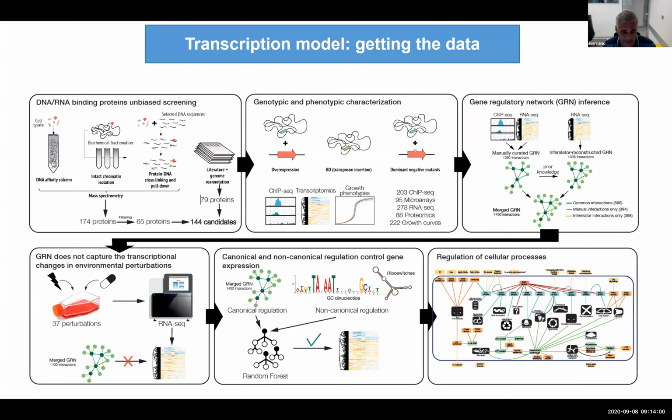One is the regulation of transcription. So here what we have done is we took a completely unbiased approach. We went back to classical biochemistry and we just made DNA and RNA affinity columns. We passed protein extracts and then we eluted them with DNA, with RNA, with salt, with ions, followed by mass spec.